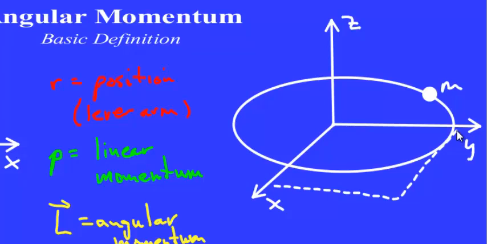So again, apply the right-hand rule here to determine which way the angular momentum will be for the object of mass m, with respect to the origin, which is point P. Again, see if you can apply the right-hand rule to see which way the angular momentum is.